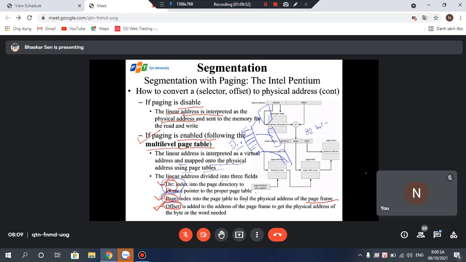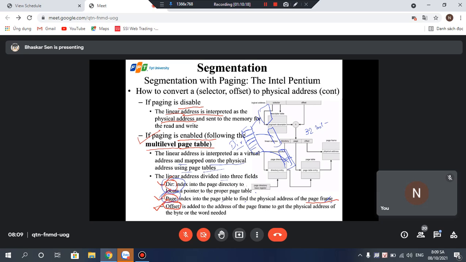So you find out first which page table you have to go to, and then once you get to the right page table, you get the page number, and once you get the page number, you get the page frame, and once you get the page frame, you add the offset to it, and you find the physical address. And that is what happens when you apply paging on top of that.